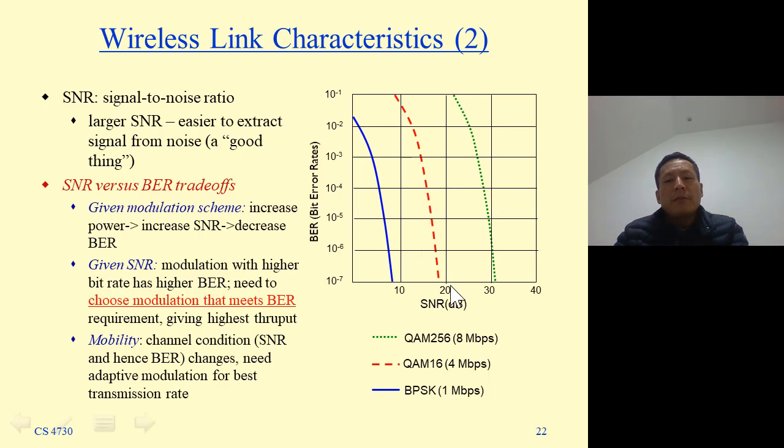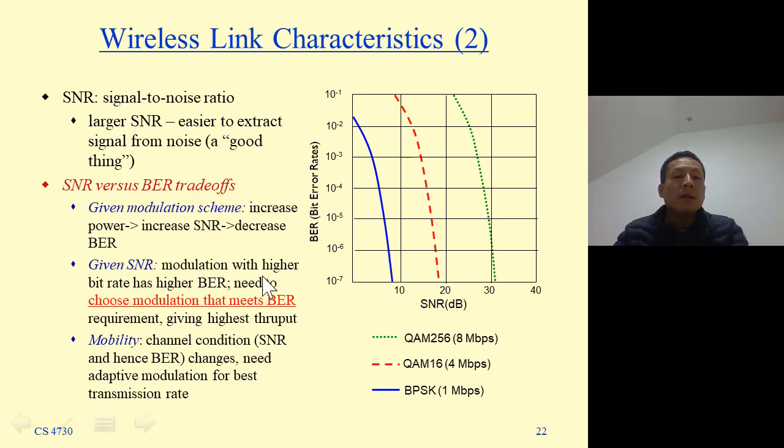If the signal noise ratio goes down and the bit error rate increases, then you need to do adaptive modulation, which means you need to change to another modulation technology with a lower rate, right? To control the bit error rate to some range you set, right?